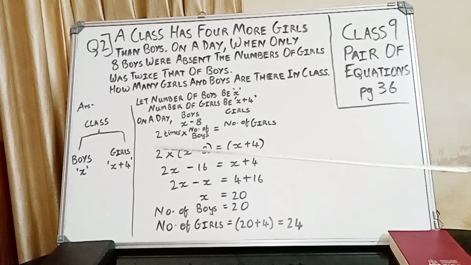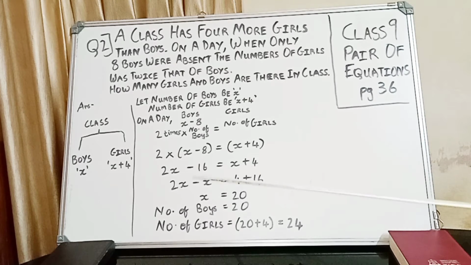So we can put 2 times the number of boys as x minus 8, because 8 boys were absent on a particular day, and the number of girls is x plus 4. So 2 into bracket x minus 8 bracket close is equal to x plus 4.